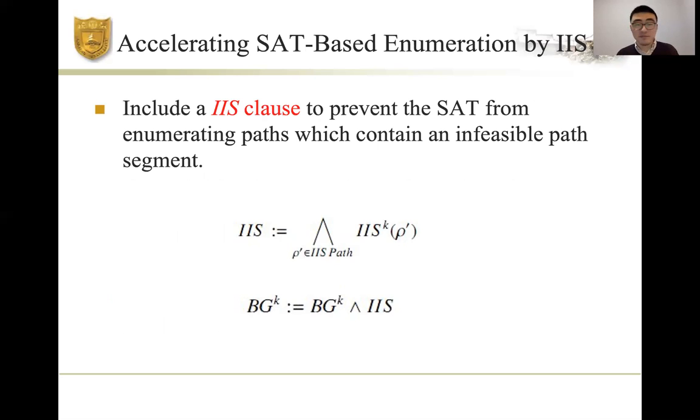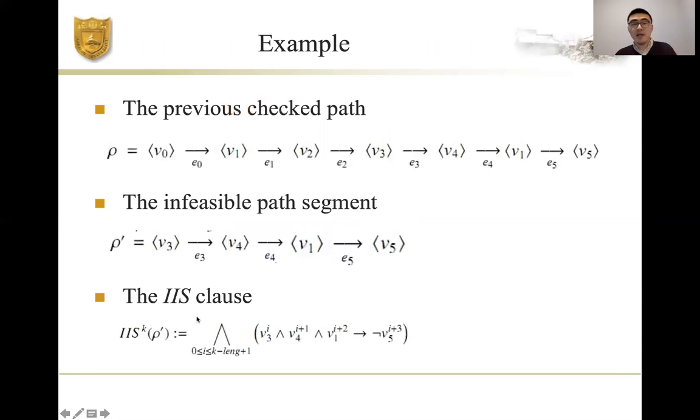And what we do is like this. We have an IS clause, and for all the IS paths, we have a big conjunction of them, and we put it back into the bounded graph. The previous check path is this row, right? And as you may remember, the infeasible path segment is from 3, 4, 1, and 5.